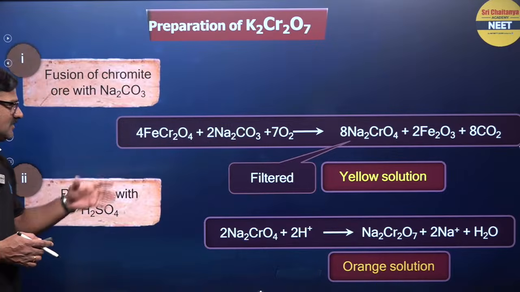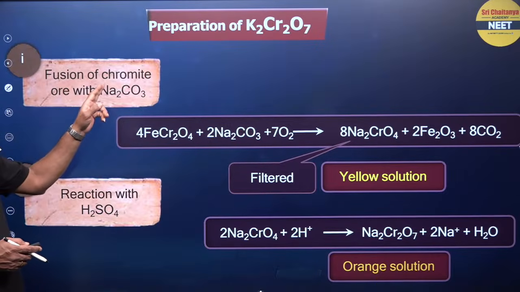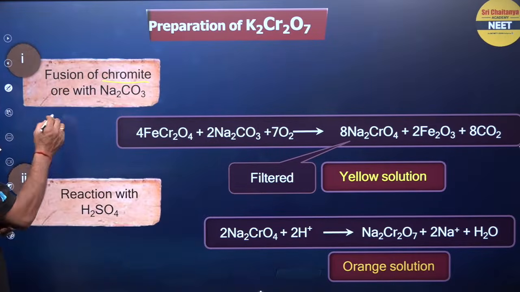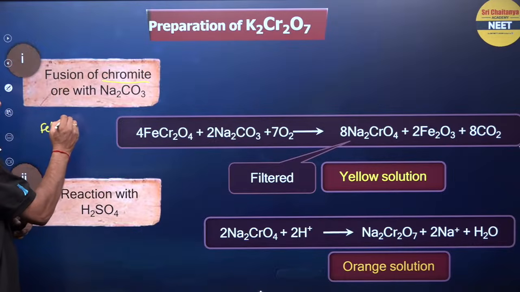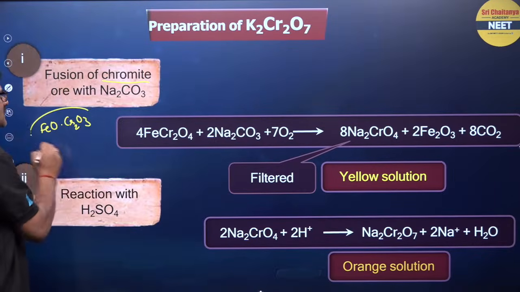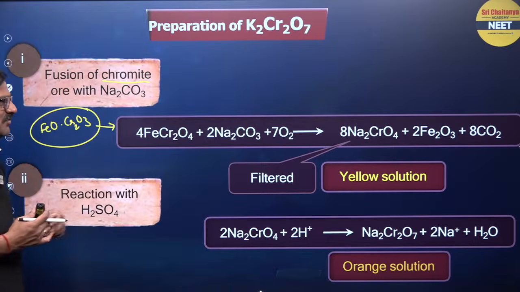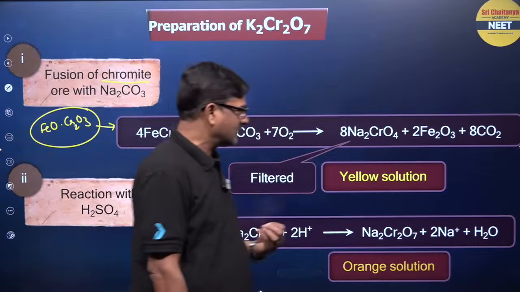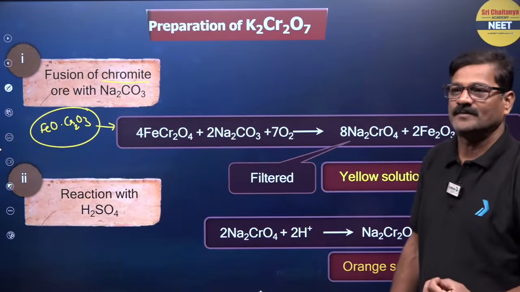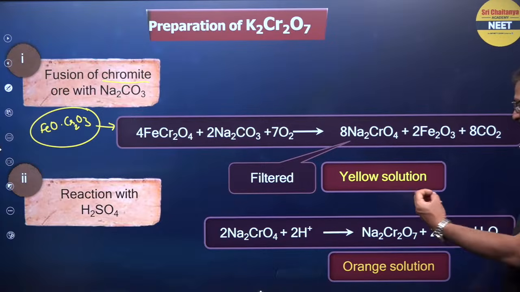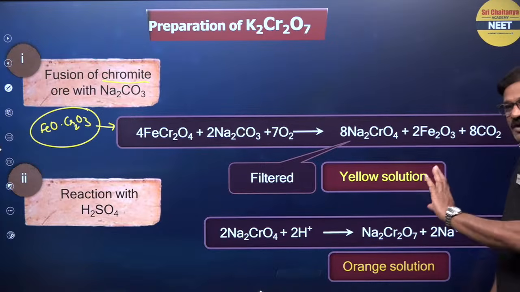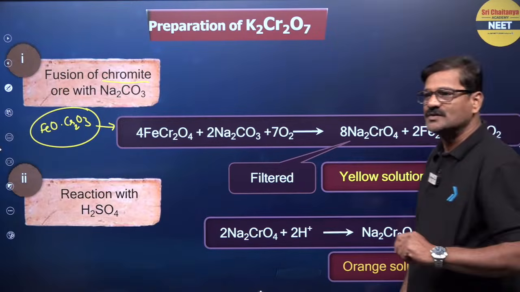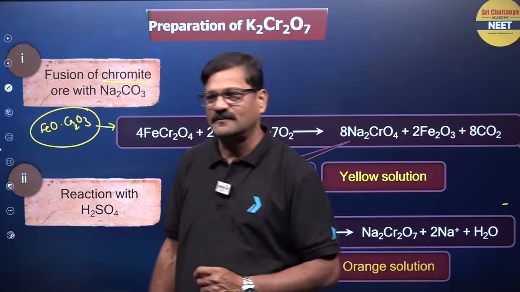You are going to get the chromite ore. So, this is called chromite ore, FeCr2O4. This can also be written as FeO.Cr2O3. This chromite ore is fused with sodium carbonate, giving sodium chromate, a yellow solution. It is soluble and filtered, and it is acidified, and the yellow turns into orange, giving sodium dichromate. Sodium dichromate is highly soluble.